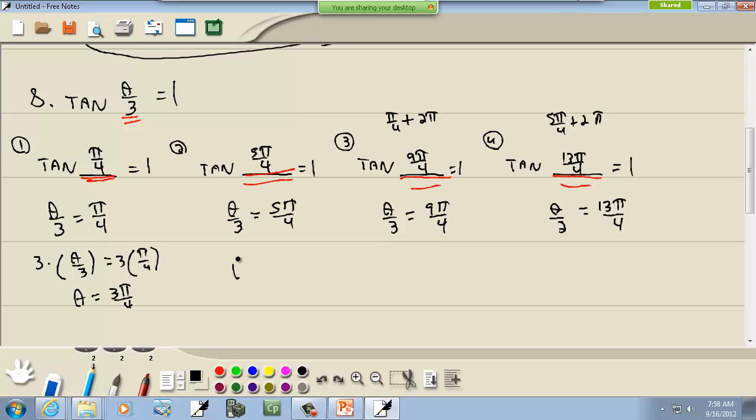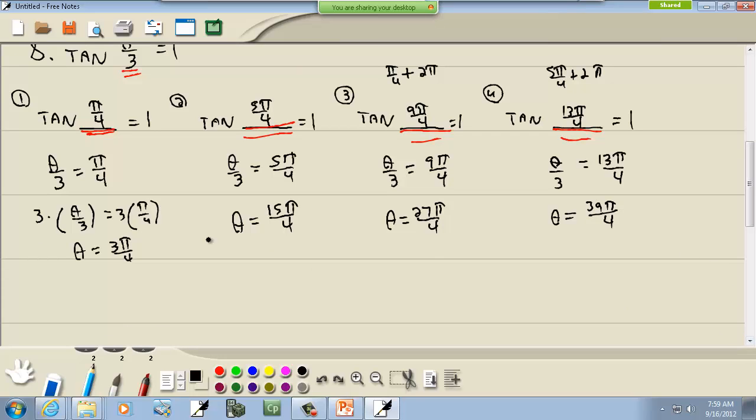Here, if I multiply both sides by 3, I get 3 times 5 is 15 pi over 4. Here, if I multiply both sides by 3, I get 27 pi over 4. And here, if I multiply both sides by 3, we get, what, 39 pi over 4?